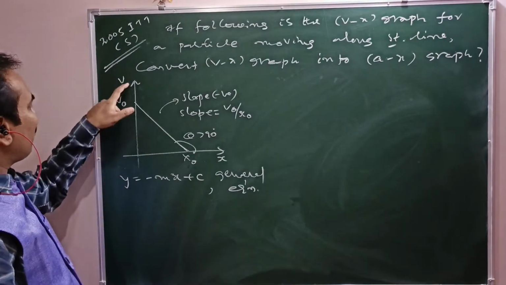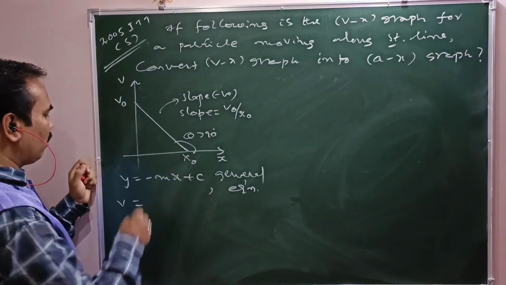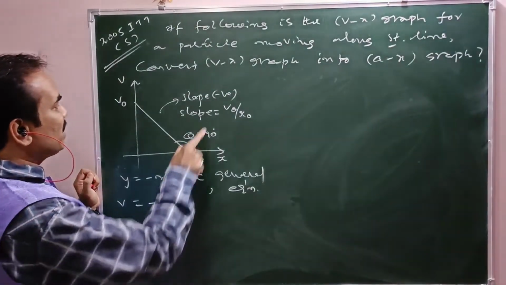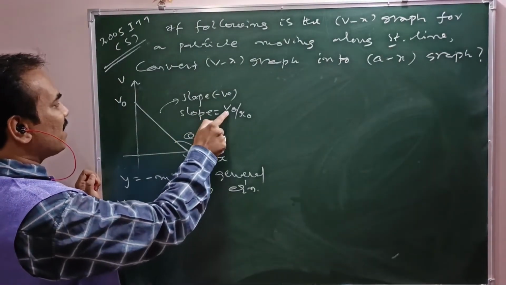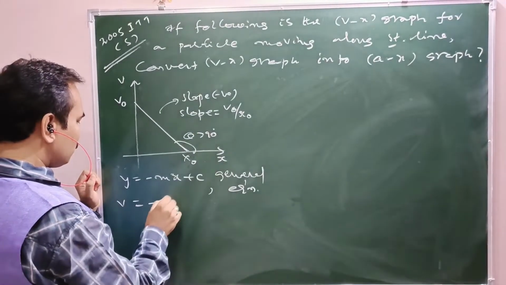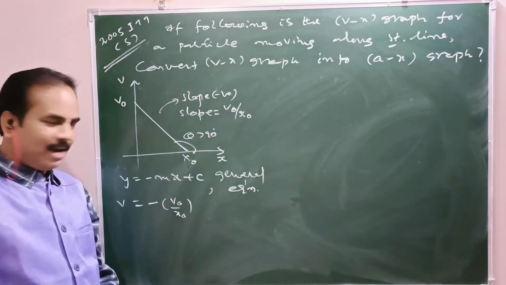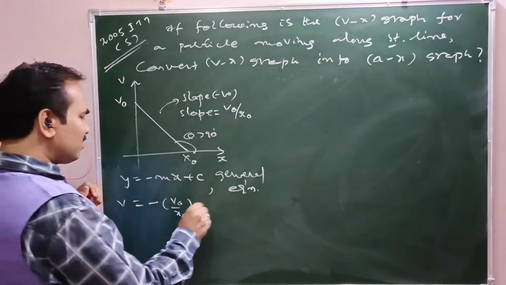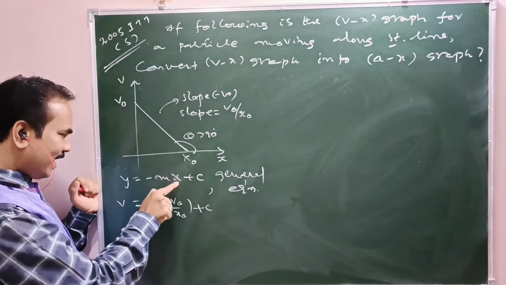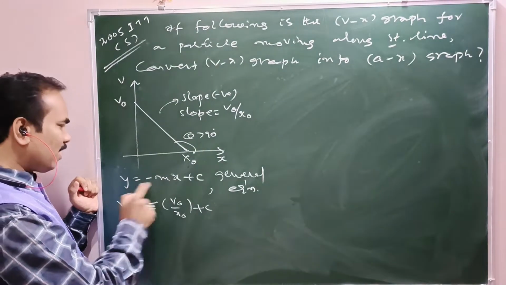What is y here? Velocity is y. So v equals minus m x plus c. Slope means m, and what is that value? v0 by x0. What is c? When x becomes 0, y becomes c.